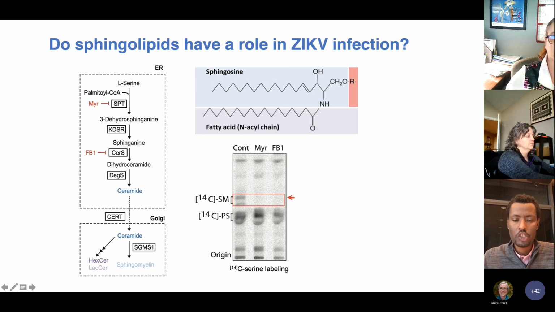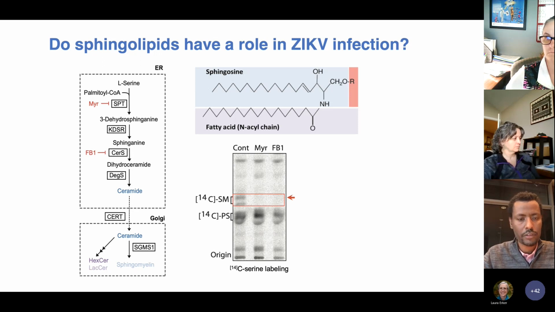Luckily in the field, there are two important small molecules that block enzymes within this pathway, myriocin and FB1. Myriocin blocks the very first step in this pathway, serine palmitoyltransferase, and basically blocks the whole sphingolipid biosynthesis. And fumonisin B1 blocks the activity of ceramide synthase, and then it blocks ceramide.